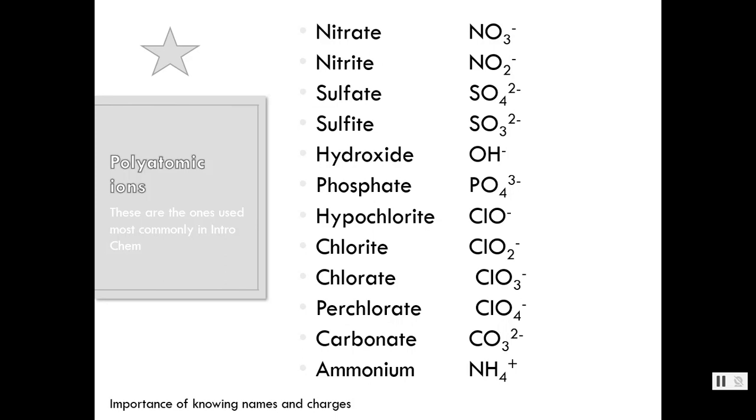Now I can still quiz you on the ones on the previous chart, but these are the ones you're going to encounter more frequently. Okay? So you should know in particular the name and the chemical formula along with the charge that are associated with these. It's going to be really important when we start writing chemical formulas in the next video, and the names are going to be important when we start naming compounds.